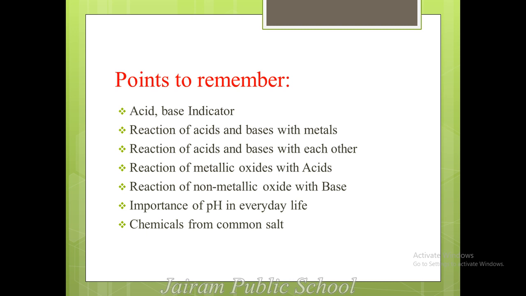For example, we can prepare sodium hydroxide, bleaching powder, baking soda, which has a number of applications for kitchen purposes, and washing soda as well as plaster of Paris and so on. So these are all the various uses of common salt, and the products obtained in all the reactions also have various uses.